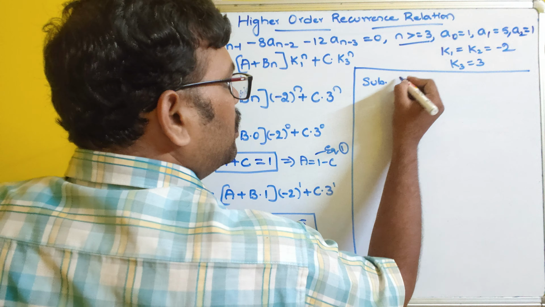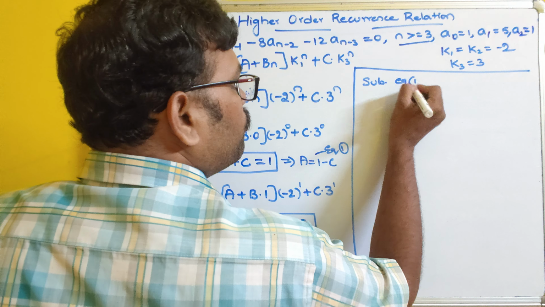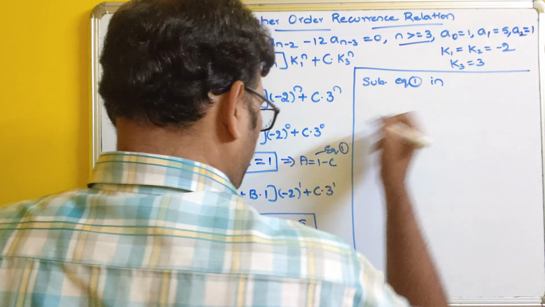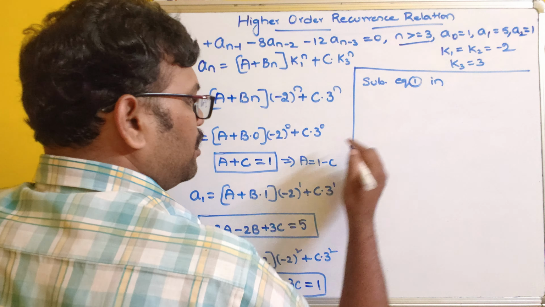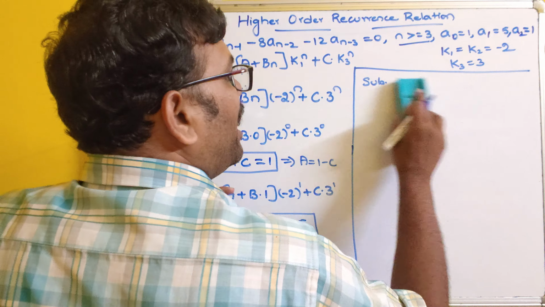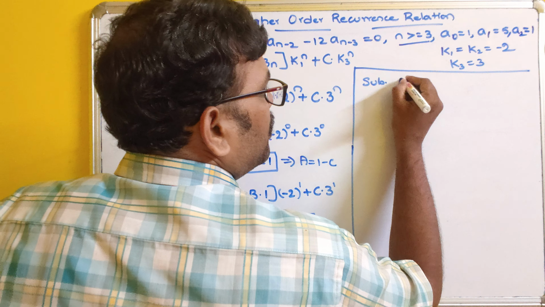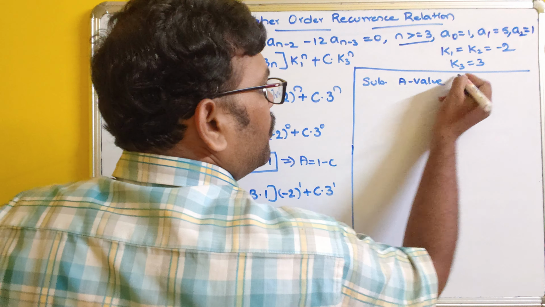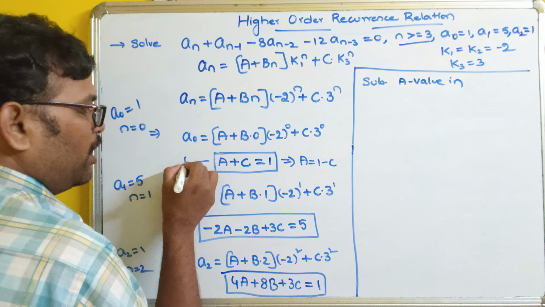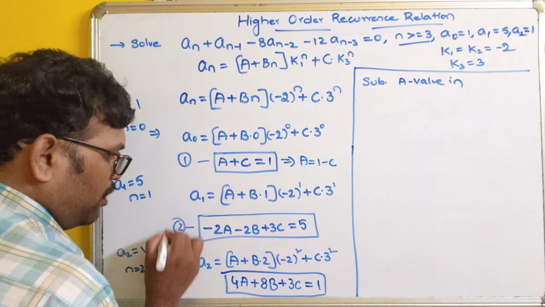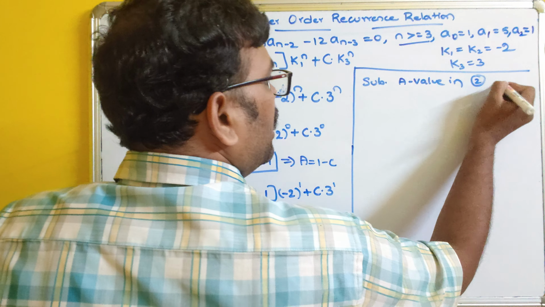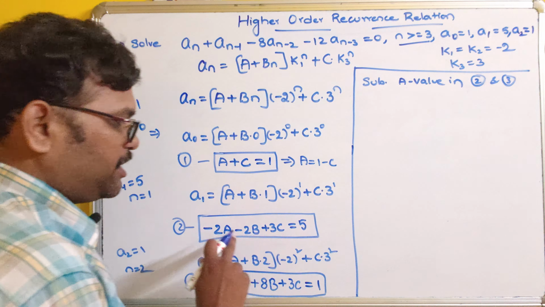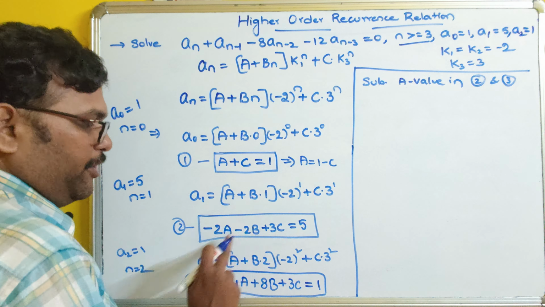Now substitute equation 1 in, let it be 1, let it be 2, let it be 3. So in 2 and 3, we'll be getting two expressions. So first I'll substitute a in 2.